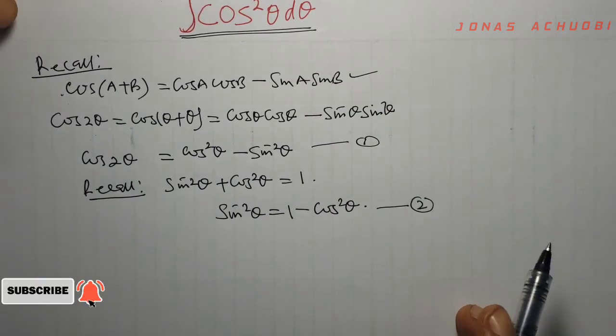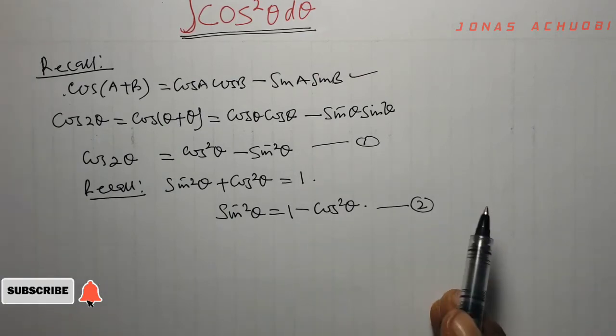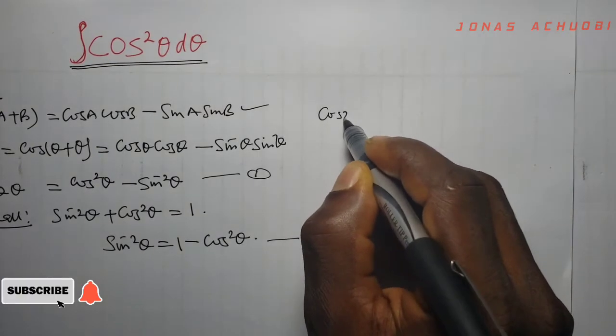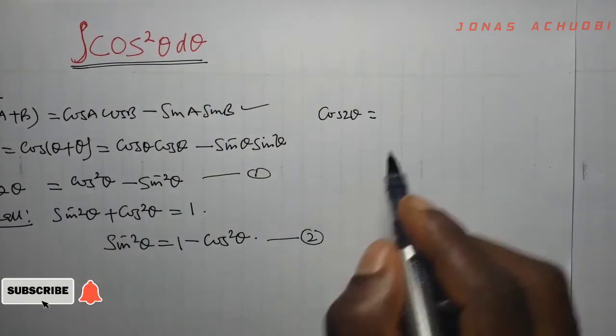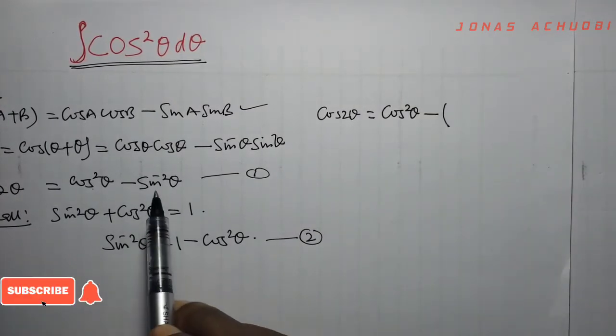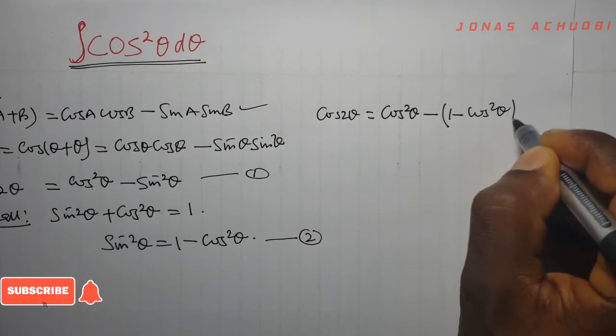If we substitute the value of sin squared theta as 1 minus cos squared theta into equation 1, we get the following. We have that cos 2 theta is equal to cos squared theta minus sin squared theta, which is now equal to cos squared theta minus (1 minus cos squared theta).